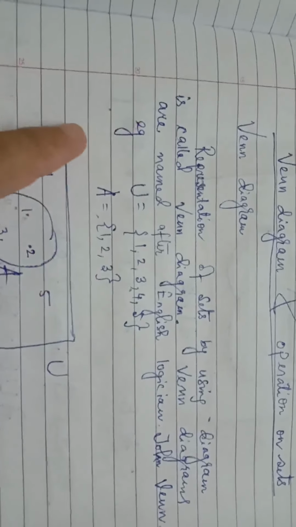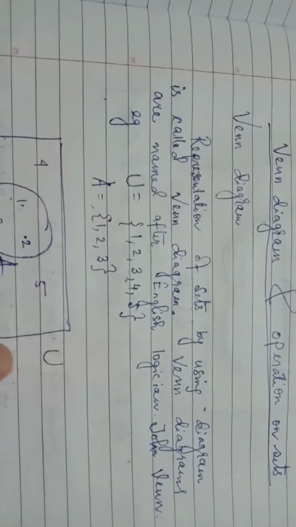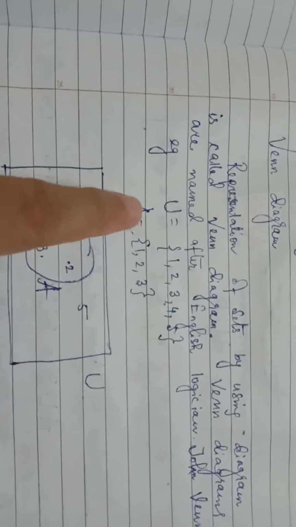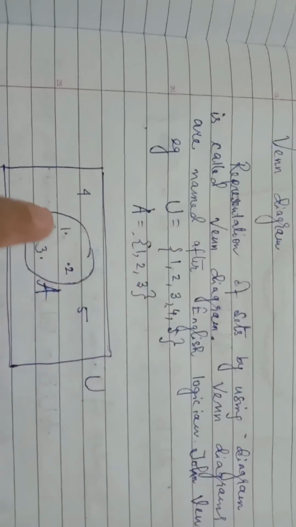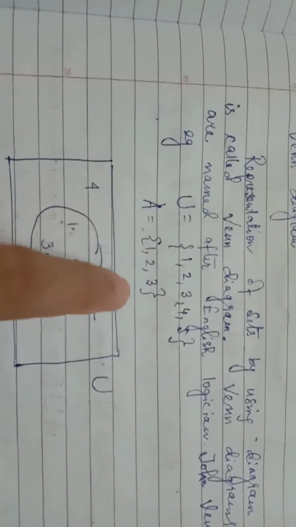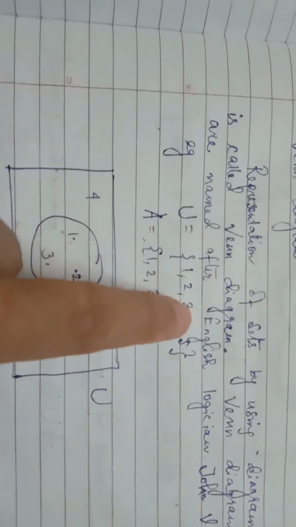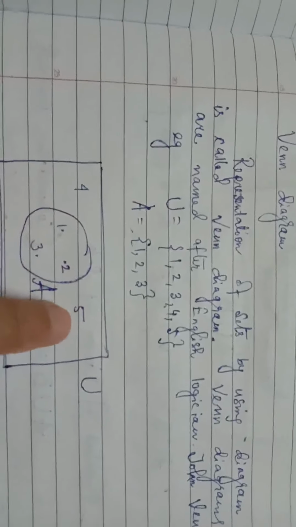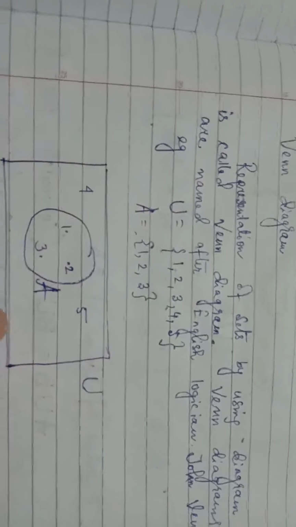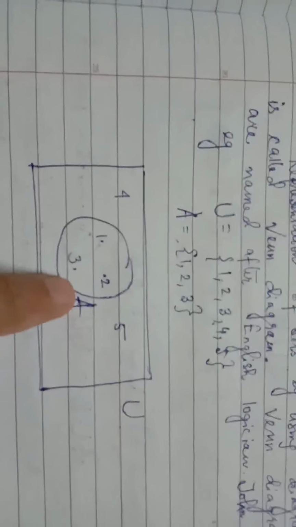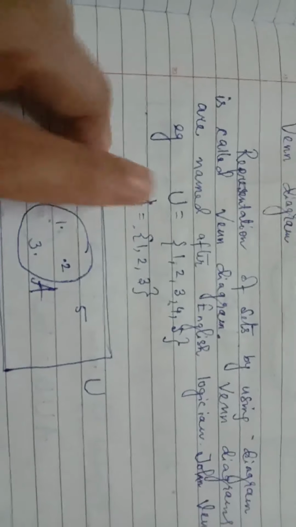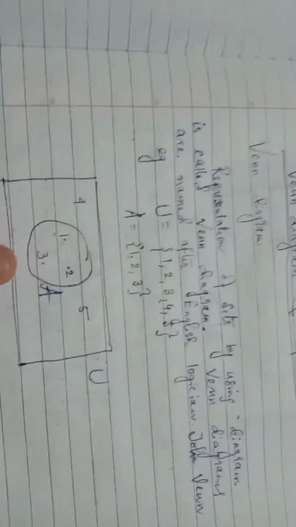First, we mark the universal set U by a rectangle, and inside this I have drawn a circle to represent the set A. 1, 2, 3 are elements of A, so I have written 1, 2, 3 inside A. 4, 5 are not elements of A, they are elements of U, so I have written 4, 5 outside the set A. So the universal set U contains the elements 1, 2, 3, 4, 5, and A is a subset of U. This is the representation of A and U by using Venn diagram.